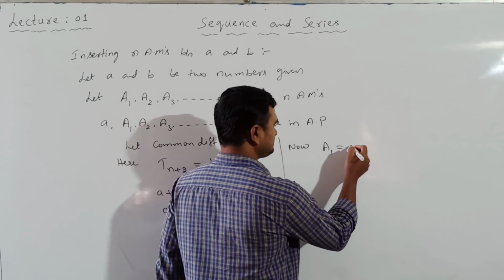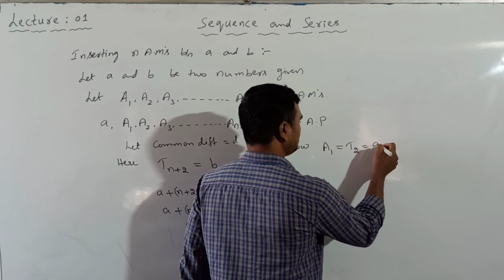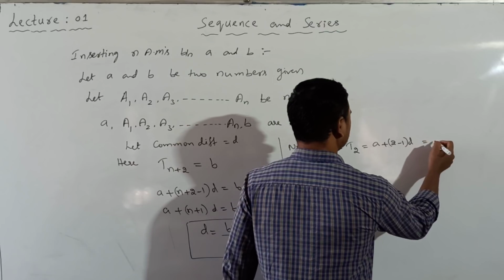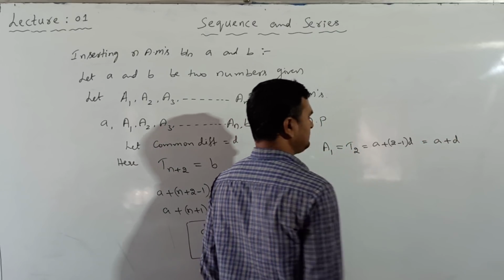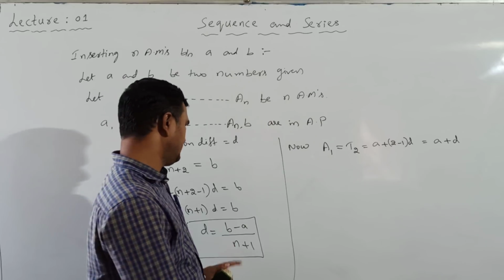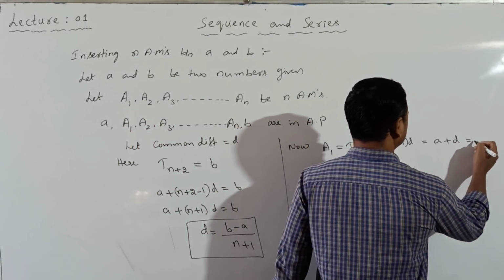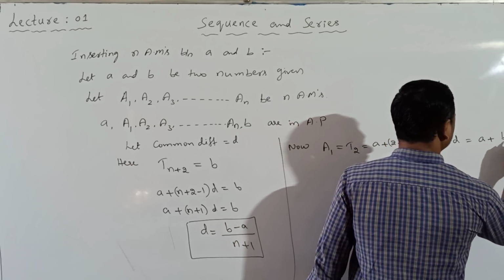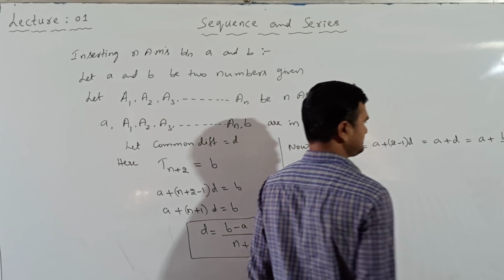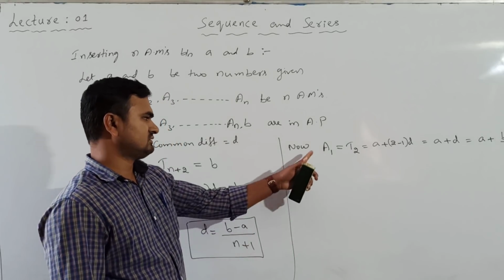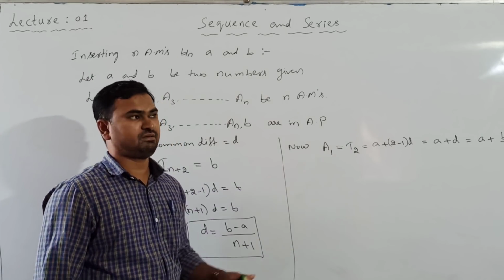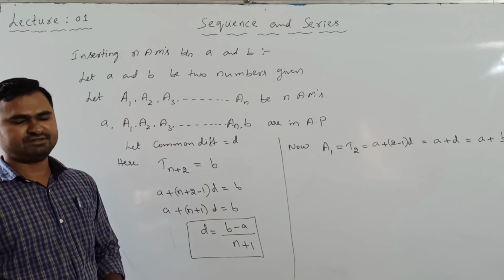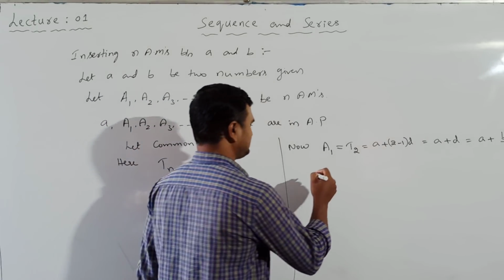So A1 is the second term, T2, that is a plus (2 minus 1) into d, that is a plus d. The d value we know, so a plus d is a plus (b minus a) divided by (n plus 1). So now we know the first arithmetic mean, A1, it is a plus (b minus a) divided by (n plus 1).